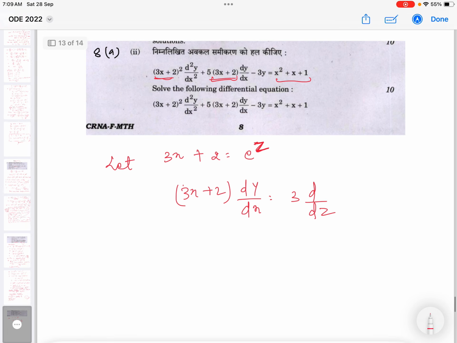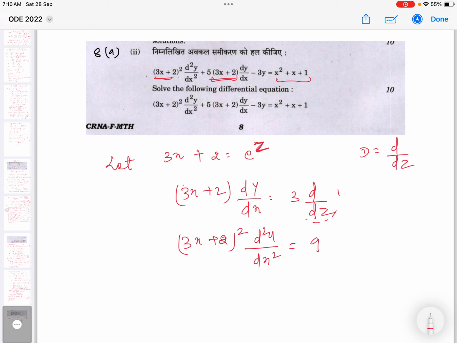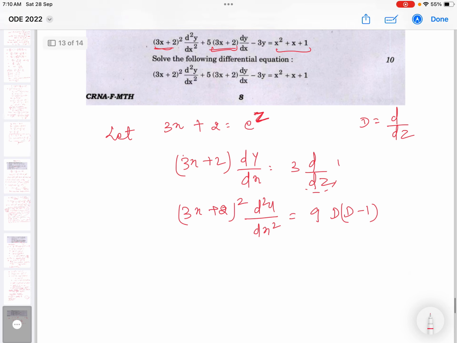Similarly, the square of 3x plus 2y becomes, supposing we say D is d by dz, 9 times D minus 1, where D is d by dz.